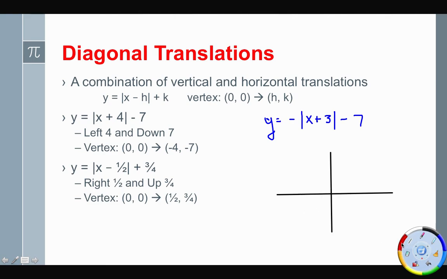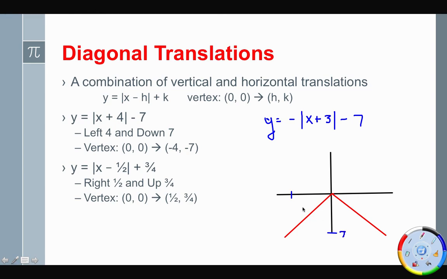The negative absolute value of x looks like this. It's the same thing at 0, 0, but goes downwards on both sides. And this is still going to go left 3 units and down 7.